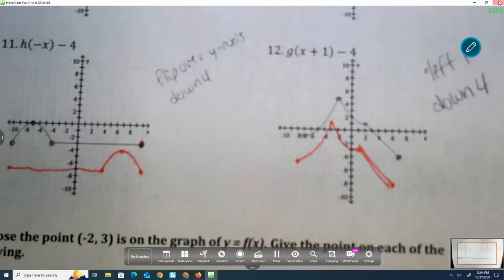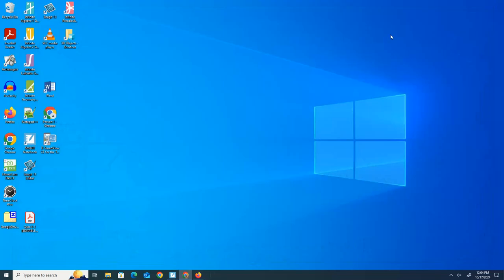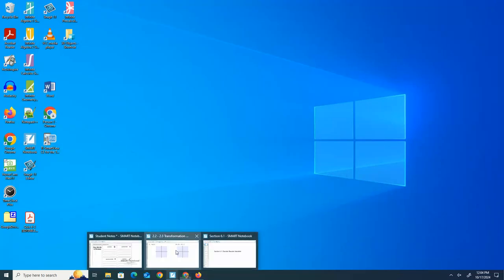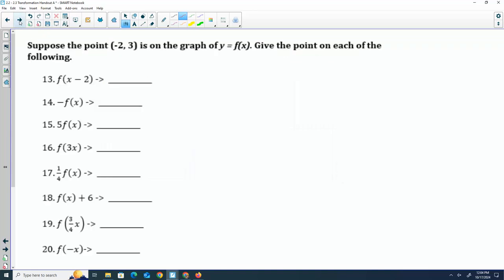Let's go to the last few. We had some like this yesterday, I believe. So I'm giving you that we have a point on the graph, and we need to find the new point. So there's two ways of thinking about it. You could certainly draw a graph.